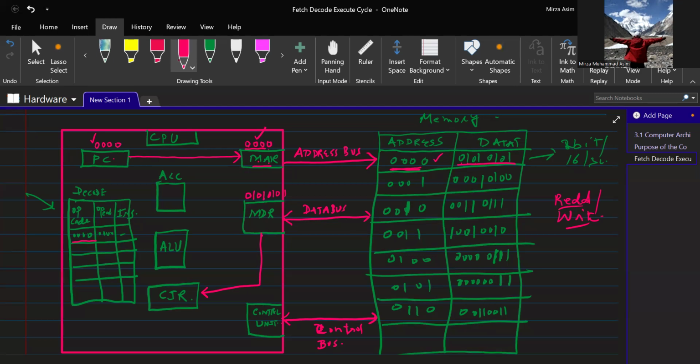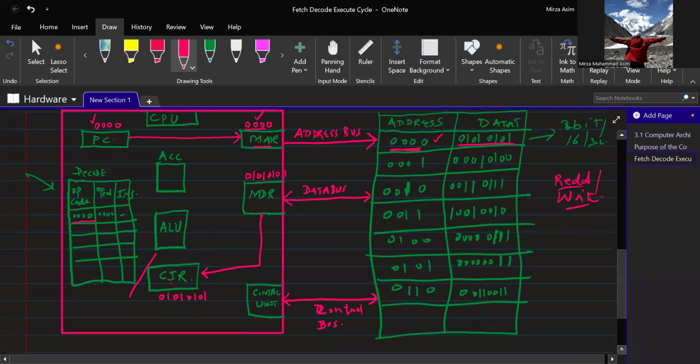Technically, after the data is copied into the CIR, the fetch stage is completed. Now this data, 01010101, is copied into CIR.